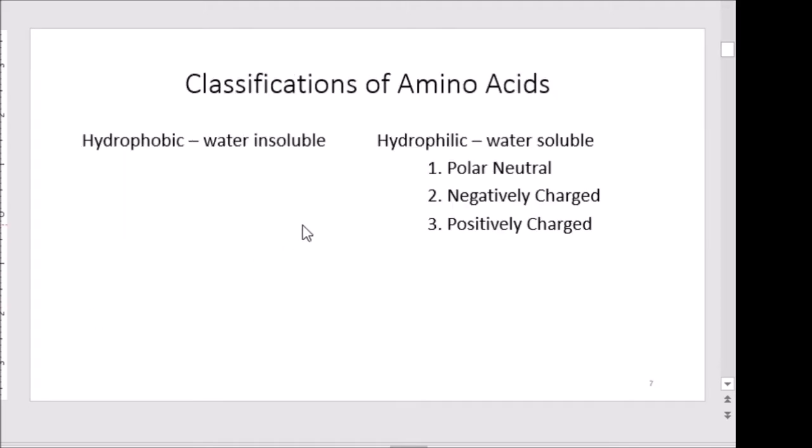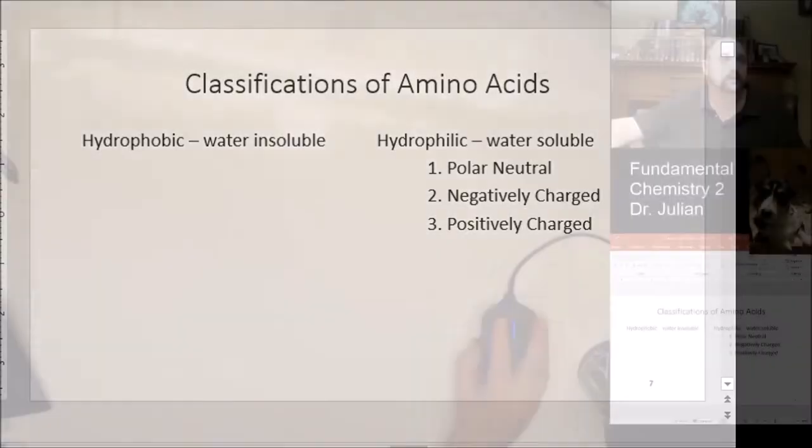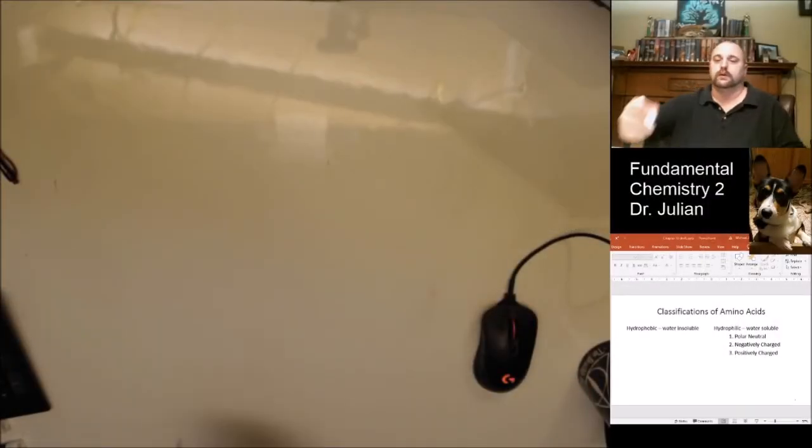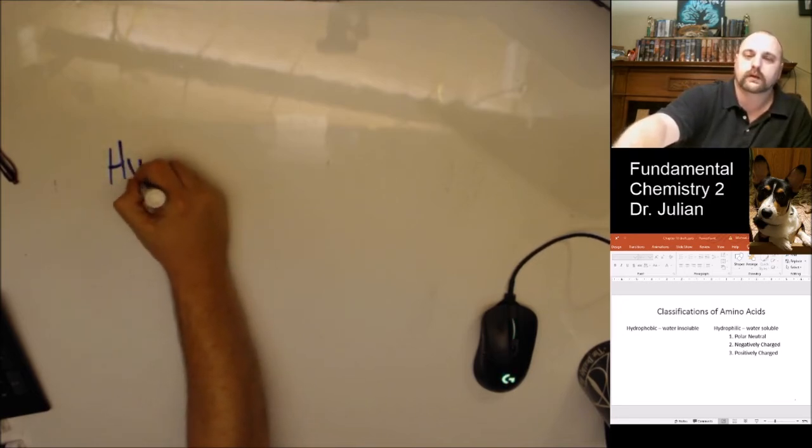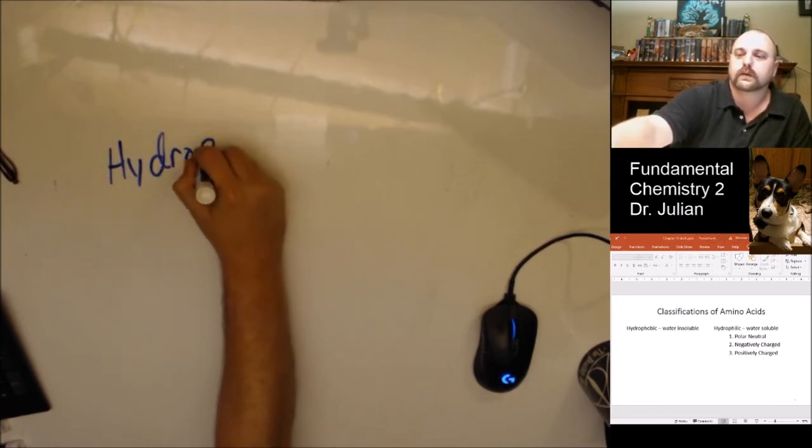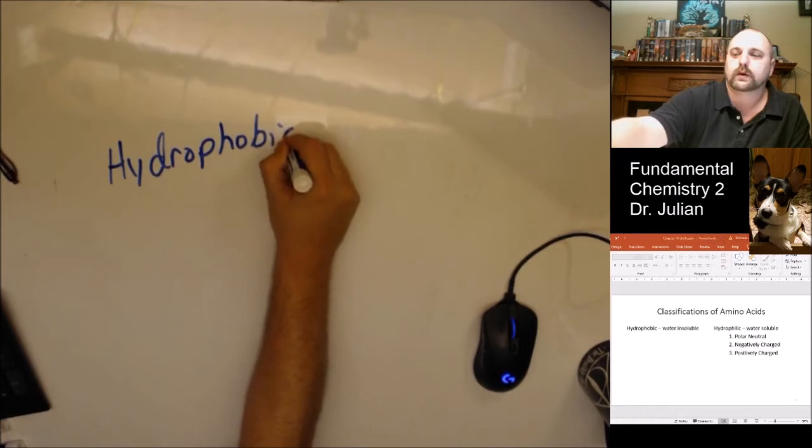So I will give you an amino acid and ask you to classify it as either being hydrophobic or one of these hydrophilics. Usually what I'll do is I'll have hydrophobic, polar neutral, positively charged, or negatively charged. So we need to figure out how to tell those apart. Well, if it's hydrophobic, remember it doesn't like water.